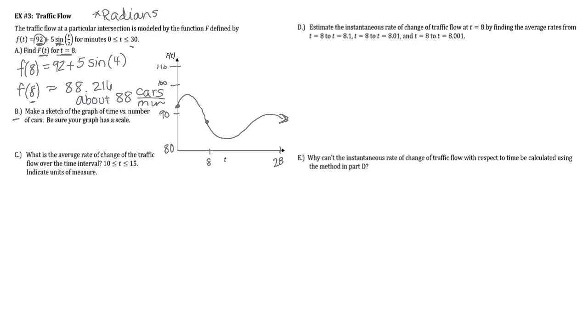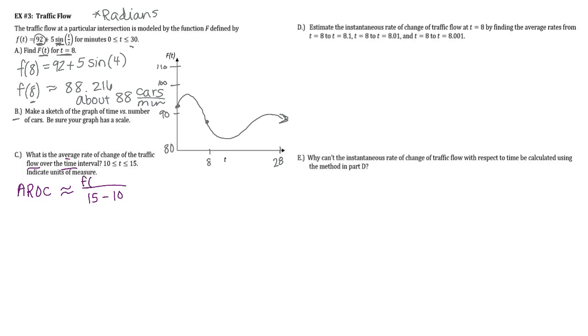Now look at part C. Part C wants us to estimate our average rate of change, so this is going to be AROC, of the change in traffic flow over the time interval. So here we're going to have our time interval is from 15 to 10, and so we also need our function value.